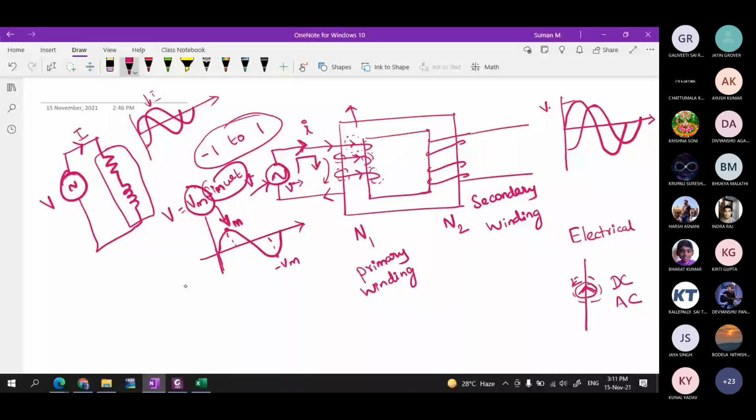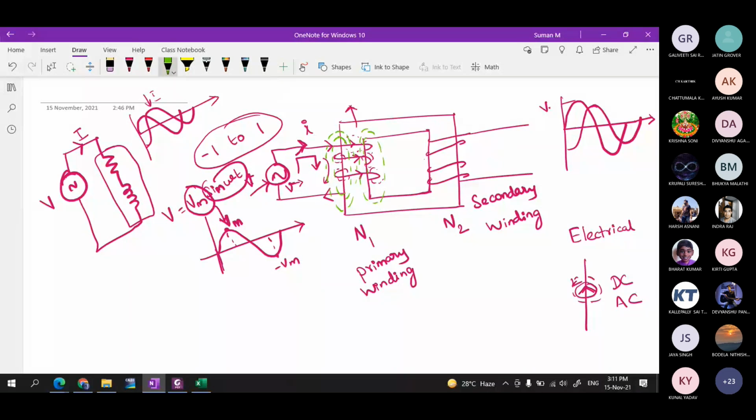Now if you see the cumulative effect of all these fluxes, it will come somewhat like this. It can be seen somewhat like this. Similarly, on this side, it will be like this.